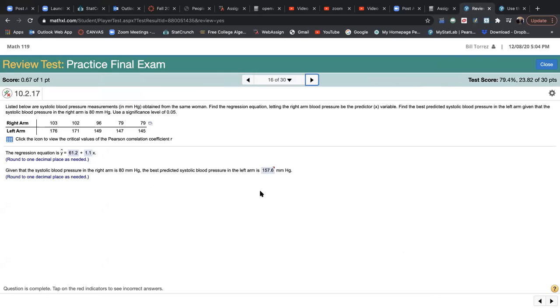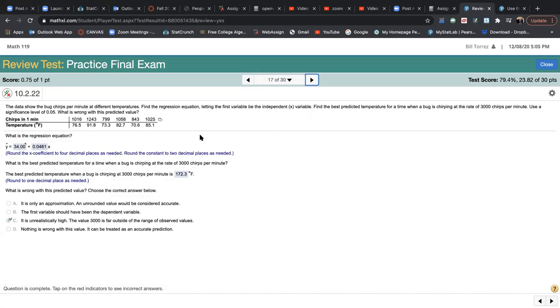All right, so that's the regression line and estimating the y hat for a given value of x. Here x is given to be 80, and we get 149.2.